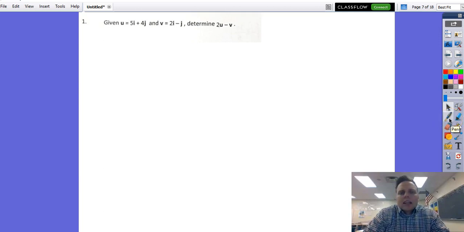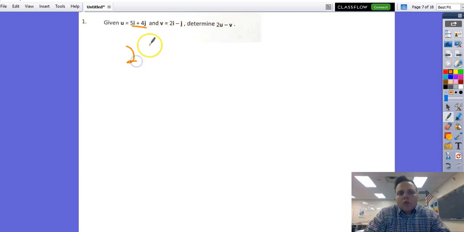Number 1, given that vector u is equal to 5i plus 4j and vector v is equal to 2i minus j, determine 2u minus v. So what we first need to do is substitute 5i plus 4j in for u, and substitute 2i minus j in for v.